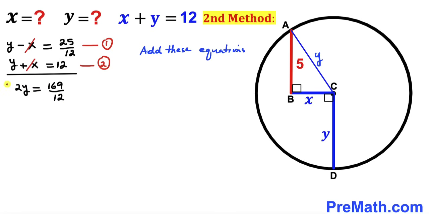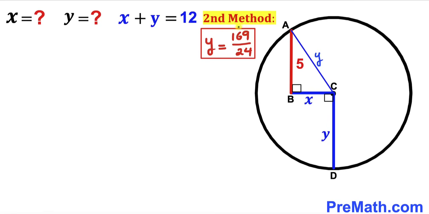And now I'm going to multiply both sides by 1 divided by 2 on this side and 1 divided by 2 on the right hand side as well. So therefore we could see this 2 and 1 divided by 2 is gone. So our y value simply turns out to be 169 divided by 24. So thus our y value turns out to be 169 divided by 24.